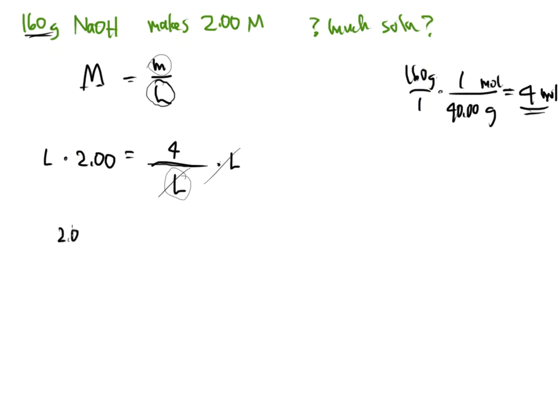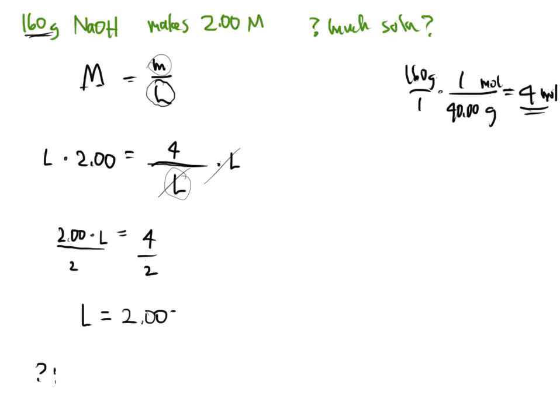So now I'm left with 2 times L equals 4. I need to get L by itself over here. That's 2 times L. So you do the opposite of. So divide, what do you want to get rid of? The 2. So I'm going to divide each side by a 2. So L is equal to 4 divided by 2, and that's a 2. So this is going to be 2 liters of solution.